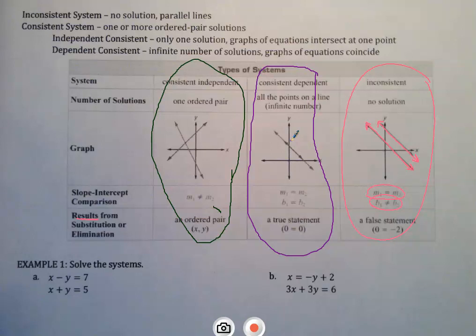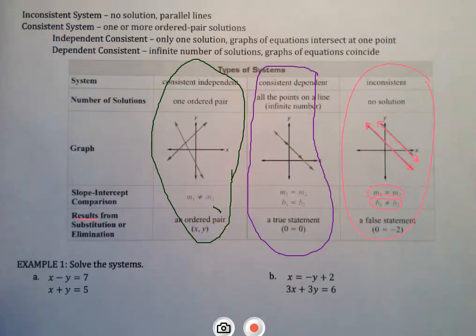It's a true statement. We write the equation. You might make yourself a note that we write the equation for this one. That's when the equation is the same. So we're going to see all three types of these today. But again, we're just classifying them and naming these systems.